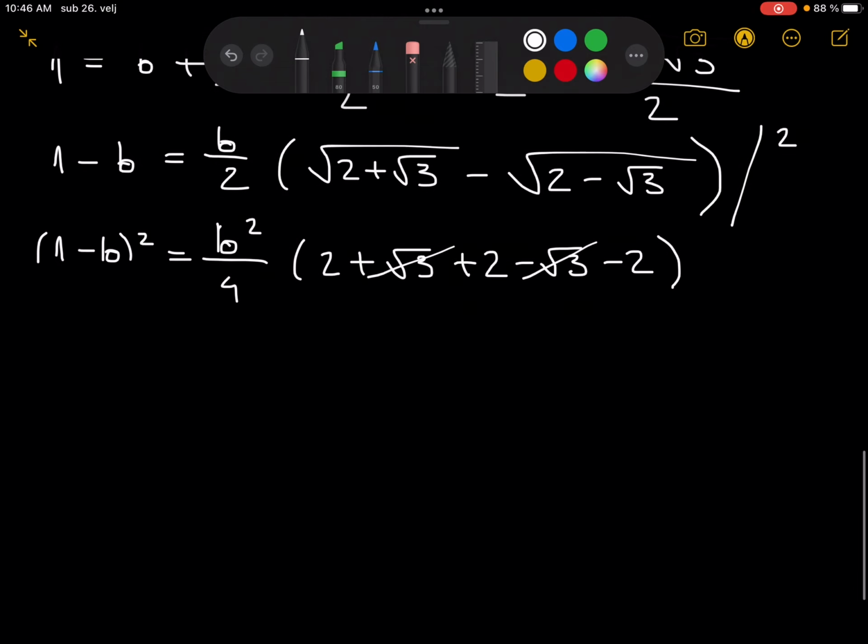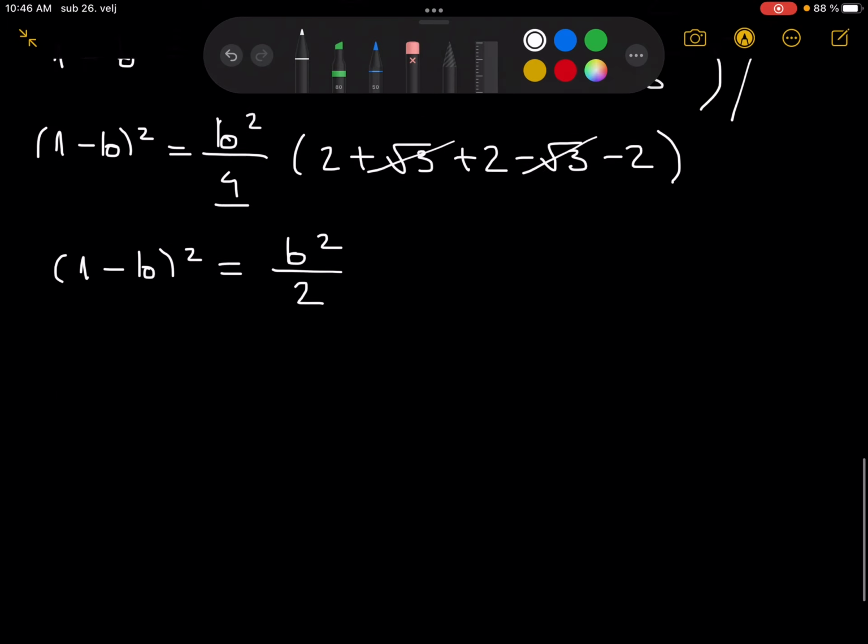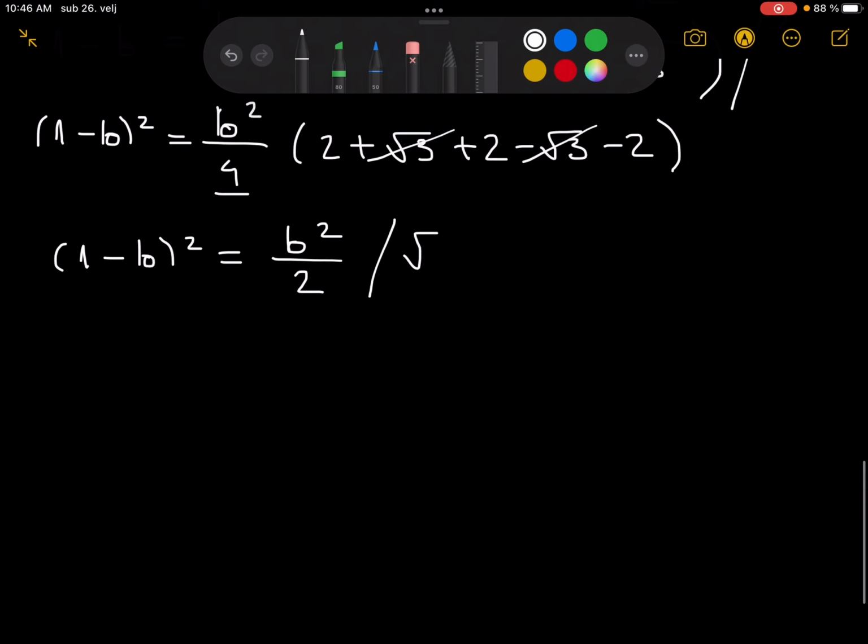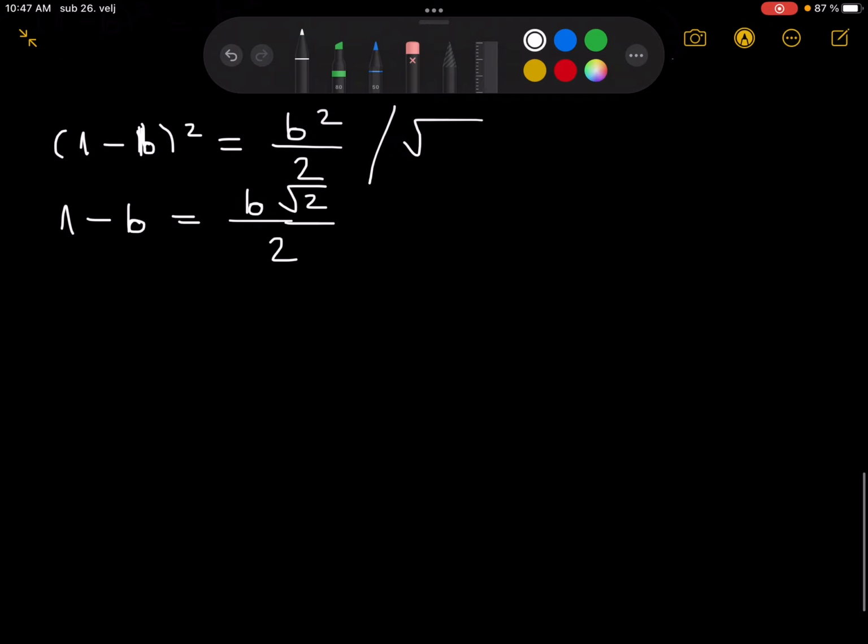And when that cancels out with this 4 right here, we'll get that (1 minus b) squared is equal to b squared over 2. Now I can go ahead and take the square root of both sides, and that will give me that 1 minus b is equal to b times the square root of 2 over 2 once you rationalize it.